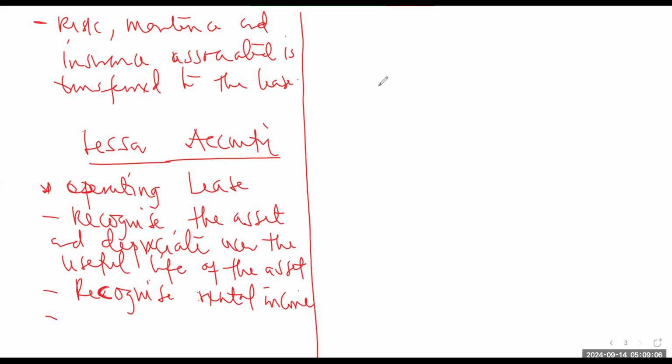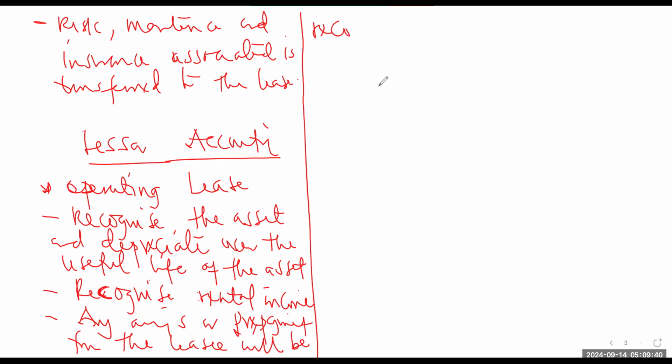Any owings or prepayments from the lessee will be recognized as a liability or an asset or a receivable.